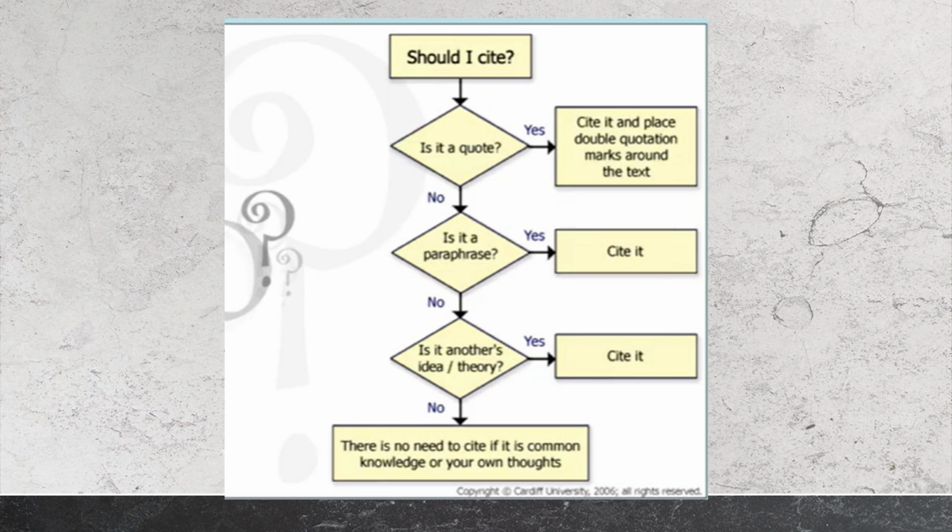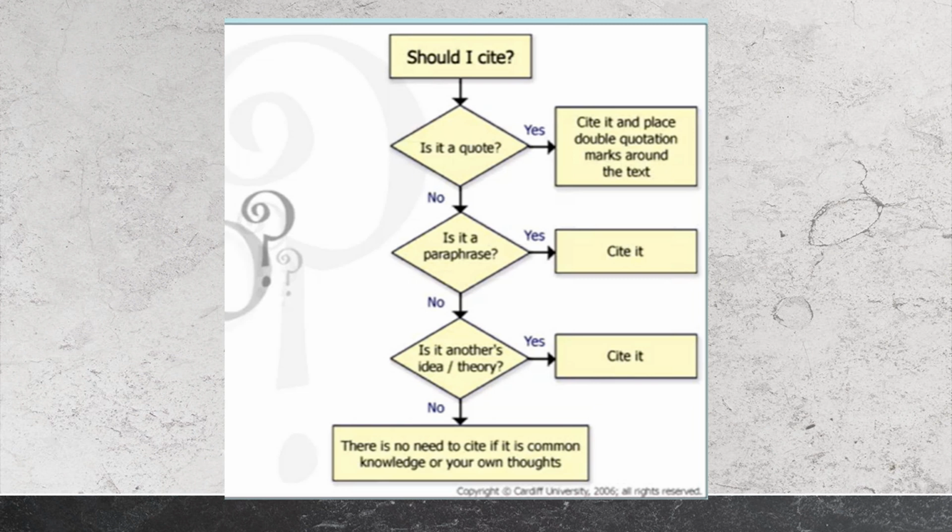The year it was built, who built it, what is the height presently, what is its state, all of that information may not be available to everybody. Similarly, if you say that the Prime Minister of India is Narendra Modi, that is common knowledge. You need not cite it.